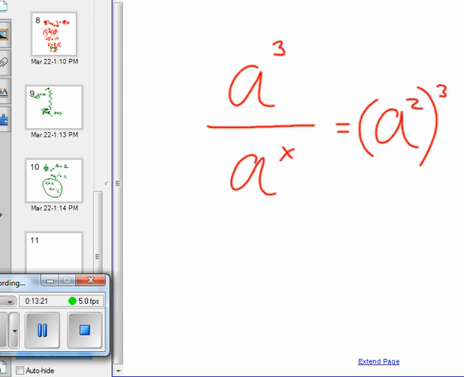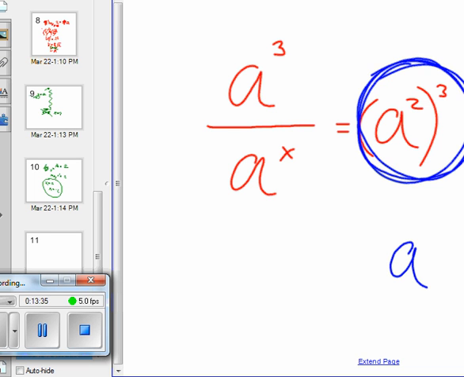So one of the biggest things in exponentials was set your bases the same. Well, this one's pretty easy. It's a to the what? Hello, what's this one? A to the 6th. Over here, it's a to the what? 3 minus x.